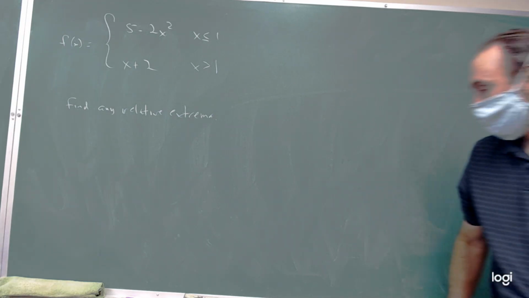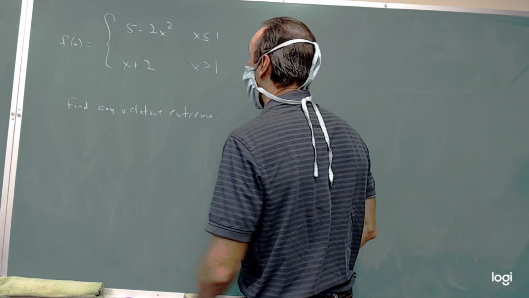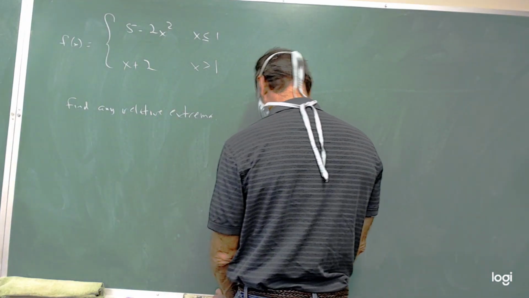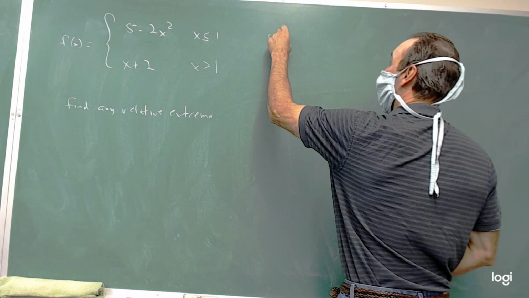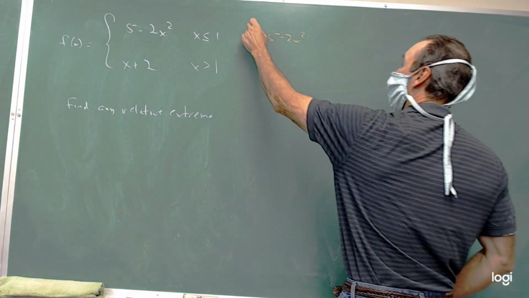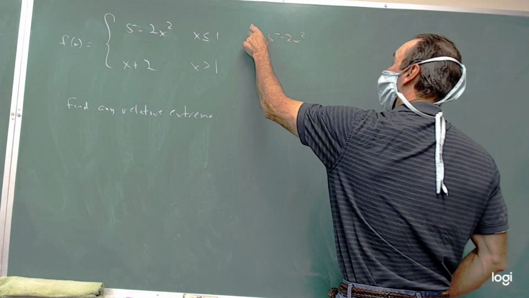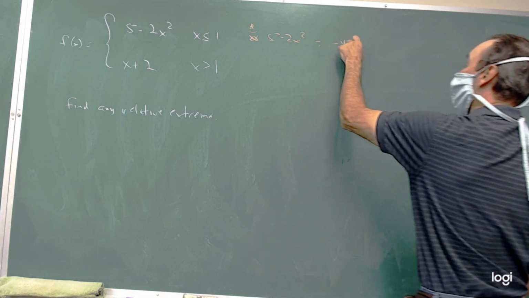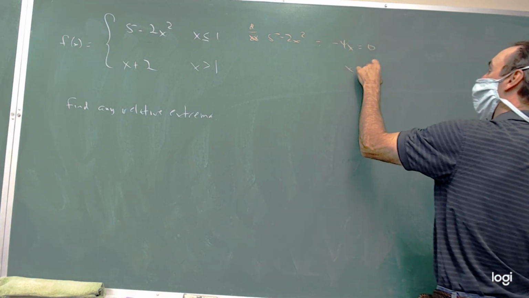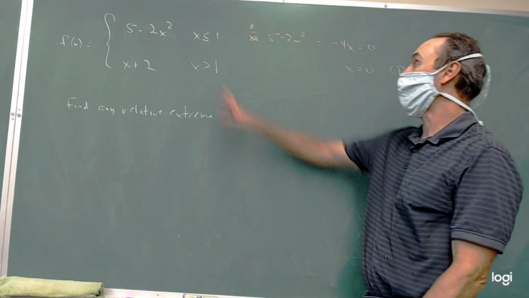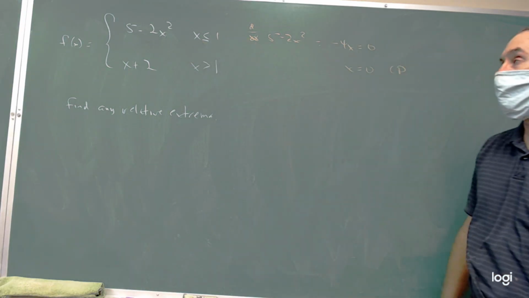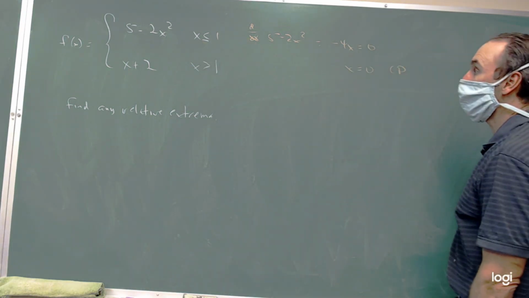So what we have on the left branch is 5 minus 2x squared. If we take the derivative, we get negative 4x, and set it equal to 0, we get x equals 0 as a critical point. That is in the domain because that's part of where x is less than or equal to 1.